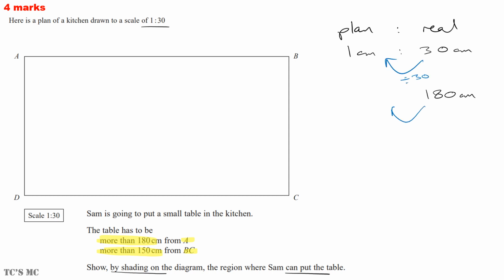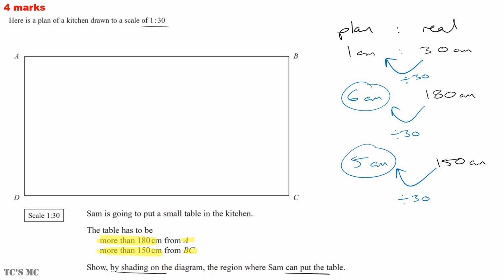So I will do the same over here, and that gets me 6 centimetres. Do the same with the 150, put that under the real, and we're going in the same direction, same operation, divide by 30, and that gets us 5. So those are the two measurements we will be using.